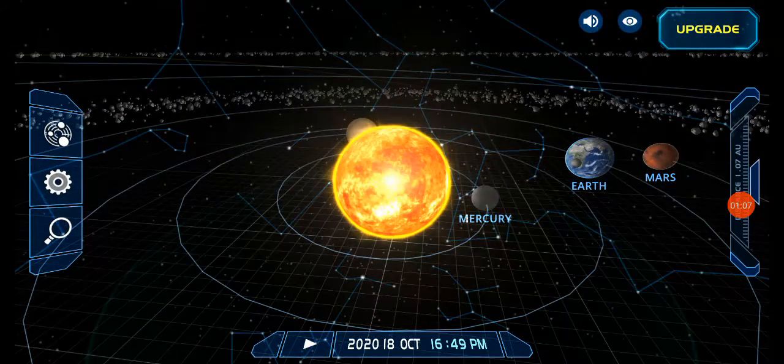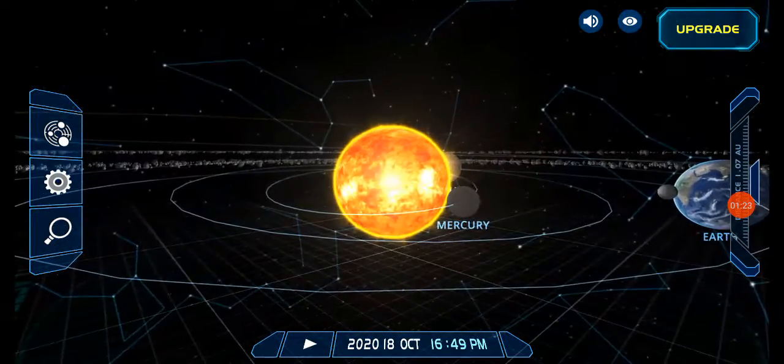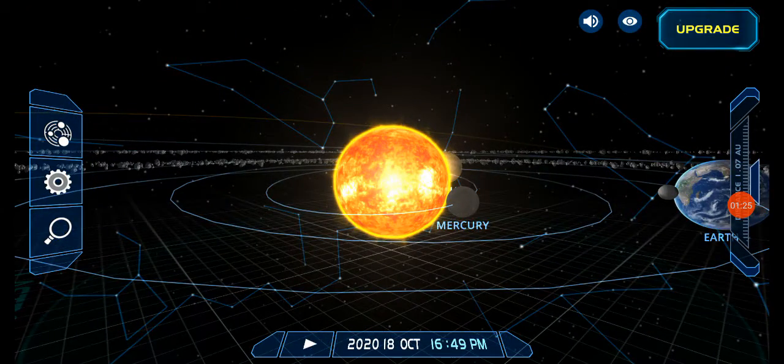Let us try and understand a little bit about the sun. What is the sun? The sun is a glowing ball of gases, like a light bulb. The bulb glows since there is gas present in it. The sun has gases like hydrogen, which turns into helium, and this process of turning hydrogen gas into helium gas is called nuclear fusion.